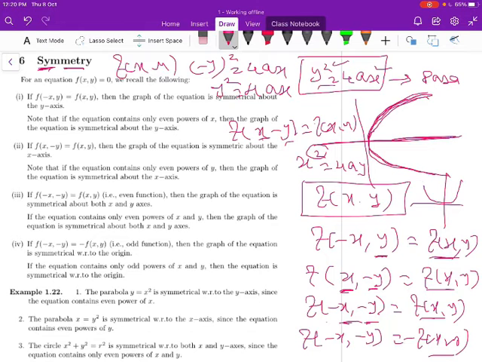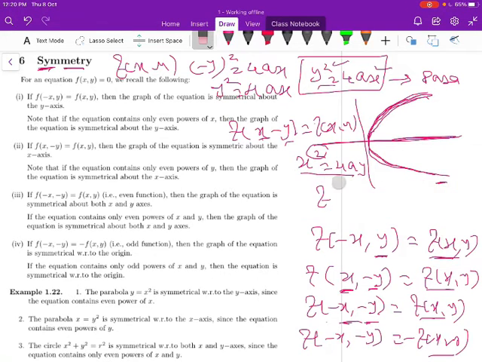Like this you can draw it. This is the equation of a parabola, x square is equal to 4ay. So this curve is symmetric about the y-axis. Therefore the y-axis is the axis of symmetry for x square is equal to 4ay.